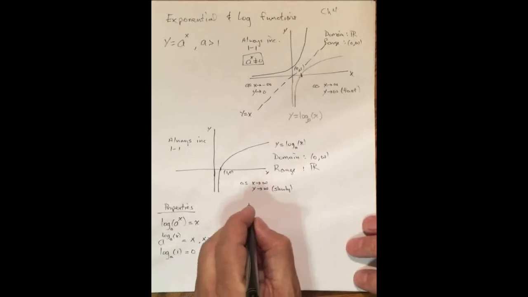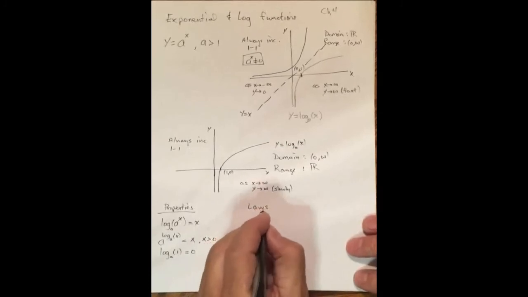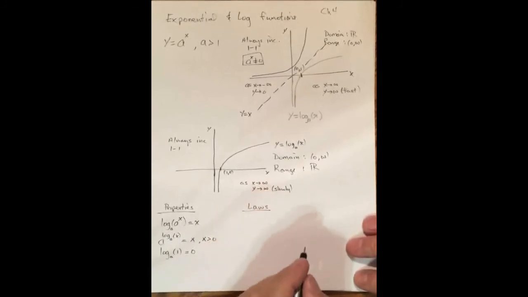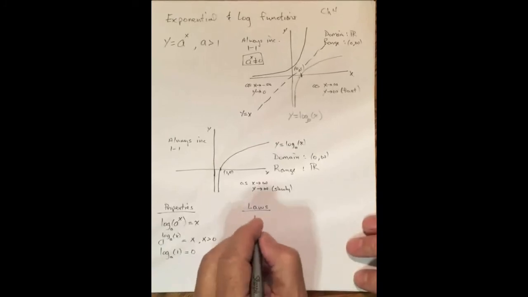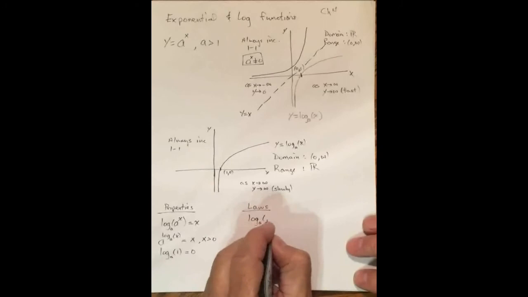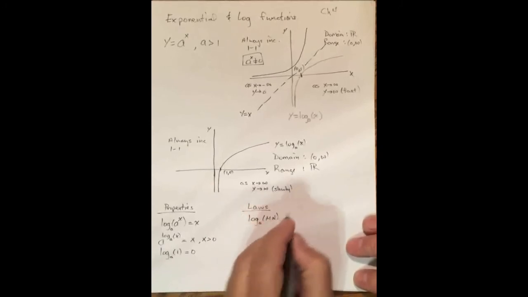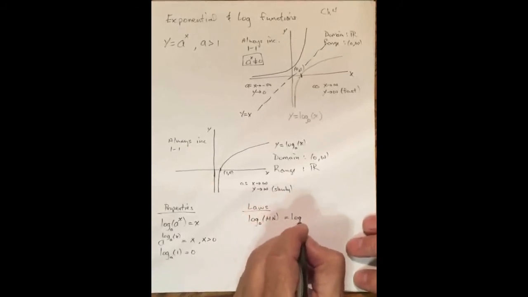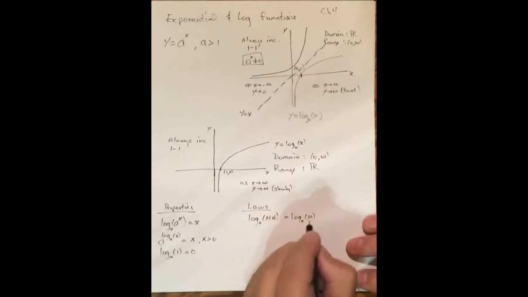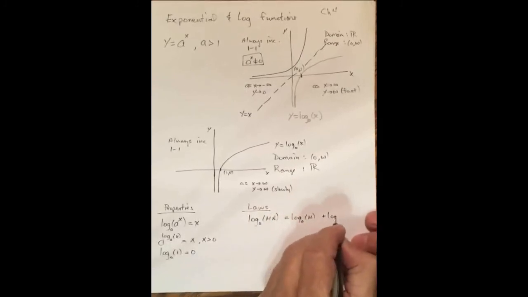And finally, your book calls these laws. They're still just properties. And we already know these, like we discussed in class. These are log base a of a product. That is going to be equal to the sum of the logs.